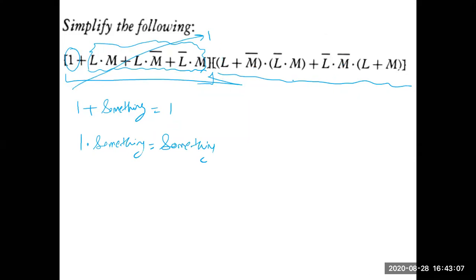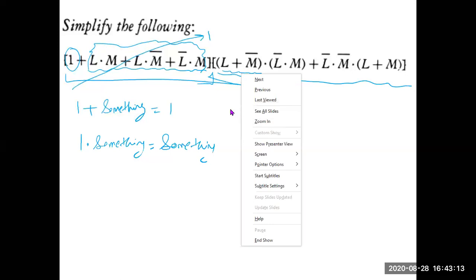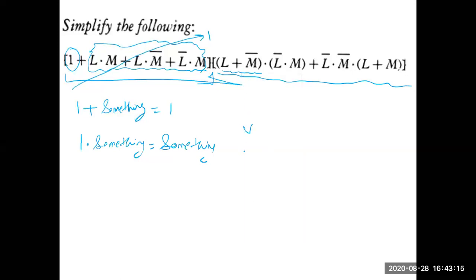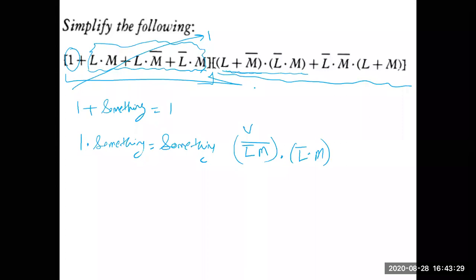Now come to this one. Take this L, L plus M bar. I can write this L plus M bar as L bar M whole bar, and this second term is L bar dot M. I am taking these parts.